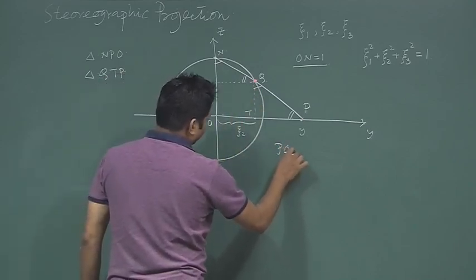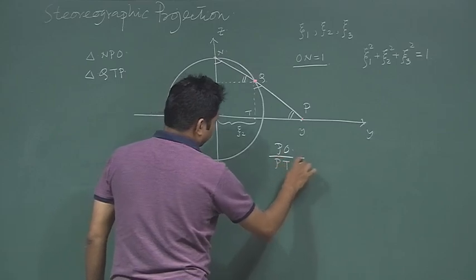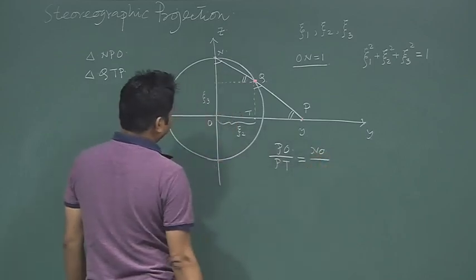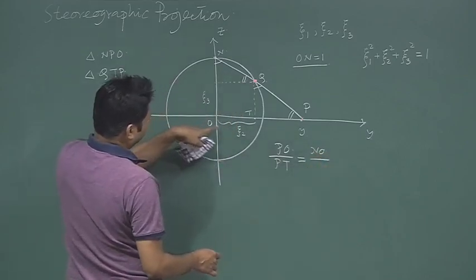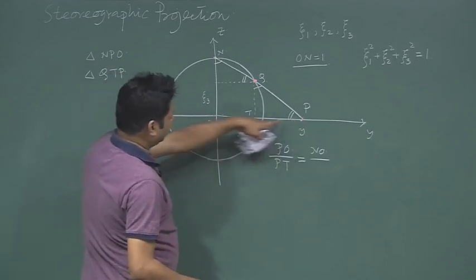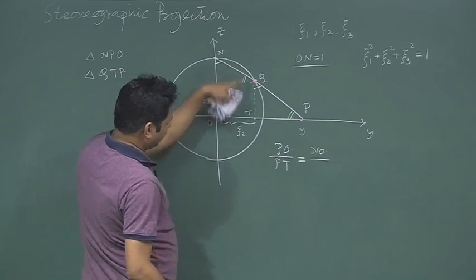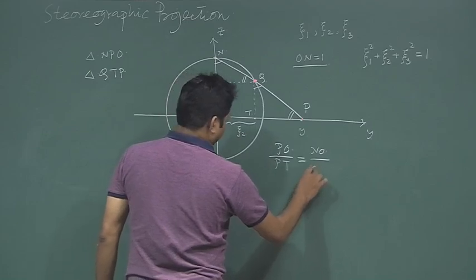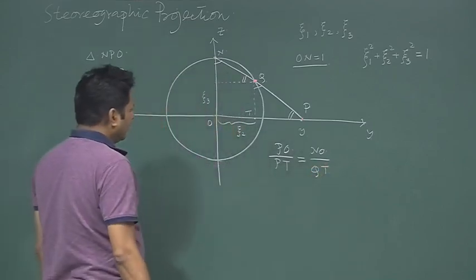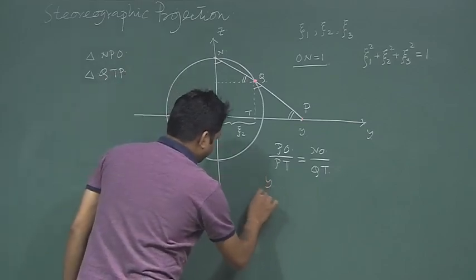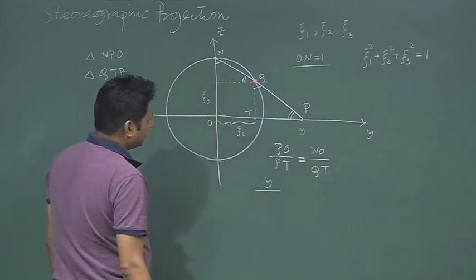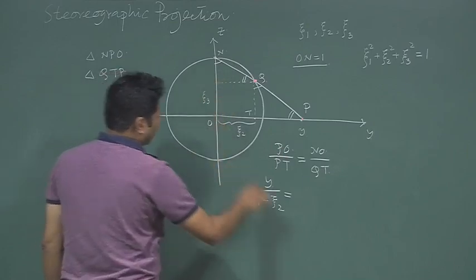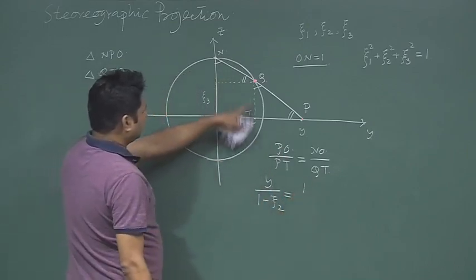So PO divided by PT is equal to NO divided by QT. PO is y, and PT seems to be 1 minus psi 2. NO is 1 and QT is nothing but psi 3.